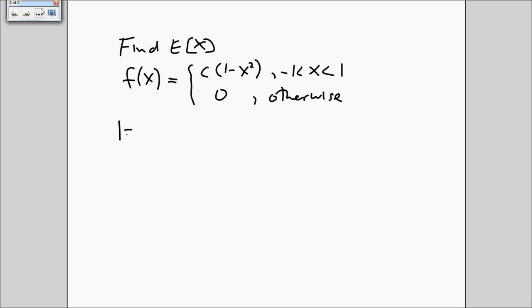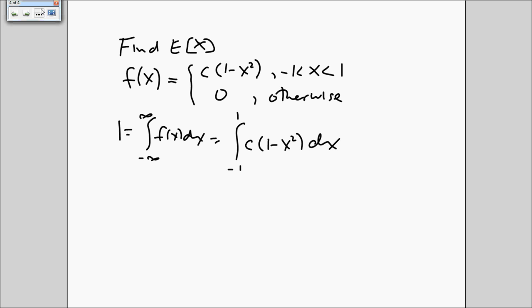We know that 1, just like before, is the integral from negative infinity to infinity of f of x dx. But our f of x is non-zero between -1 and 1, where f of x is c times (1 minus x squared) dx.